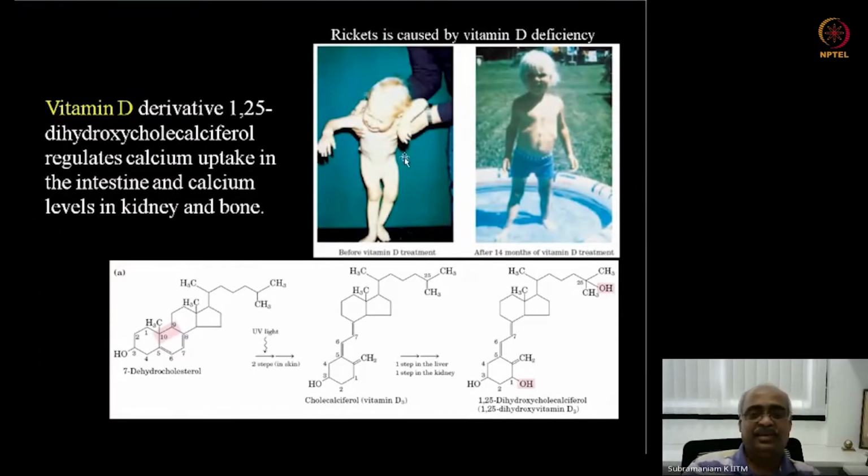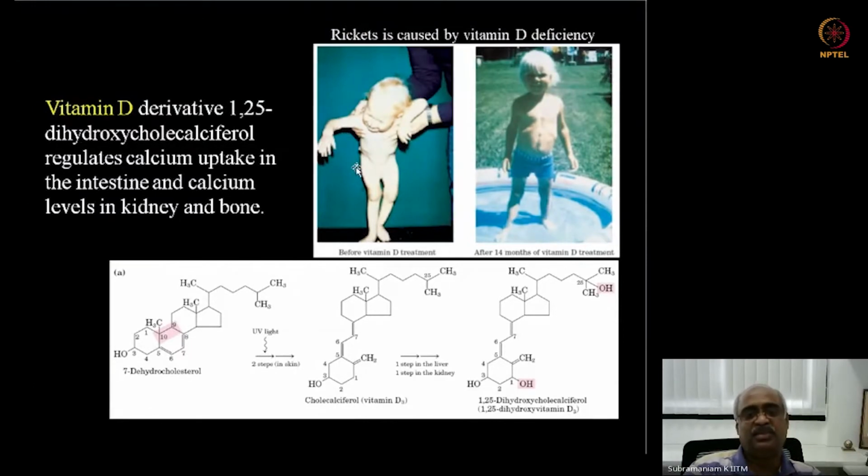So here the upper figure is self-explanatory. This particular child has vitamin D deficiency. I presume these pictures are from Scandinavian countries because there the sunlight is low, and therefore before the discovery of vitamin D's role, the children did suffer vitamin D deficiency, and they have rickety bones. That's why the disease is called rickets.